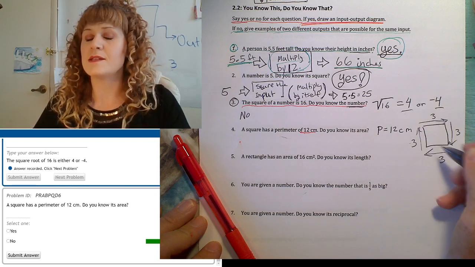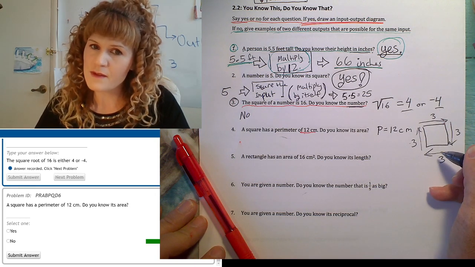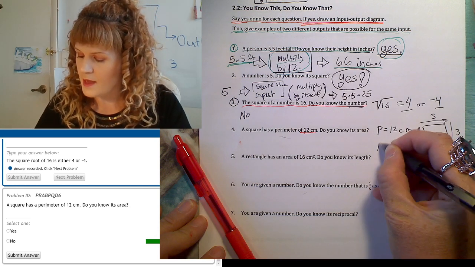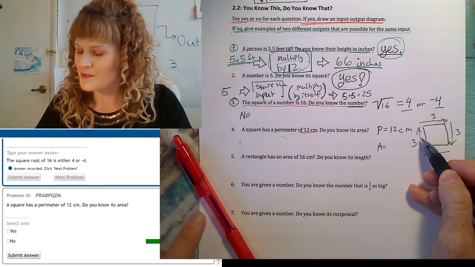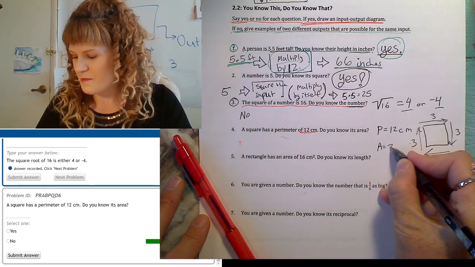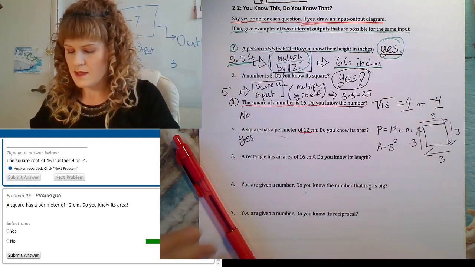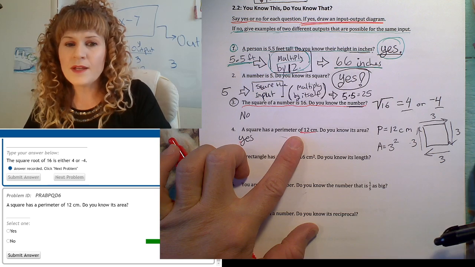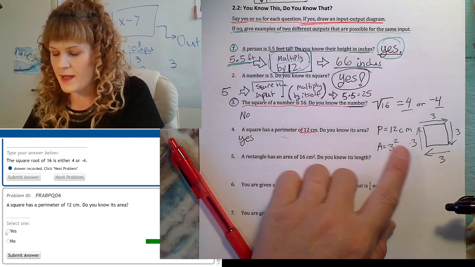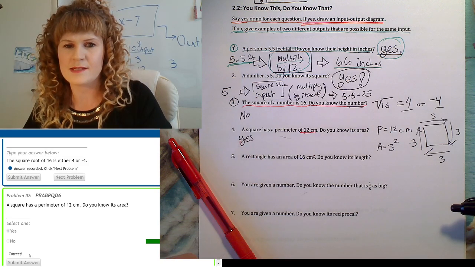If I find the side length of a square, then I can find the area because the area equals the side length squared. So that would be 3 squared. So my answer is yes. Since it's a square and all sides are the same, if I know the perimeter, I can find the side length and then I can find the area. Yes.